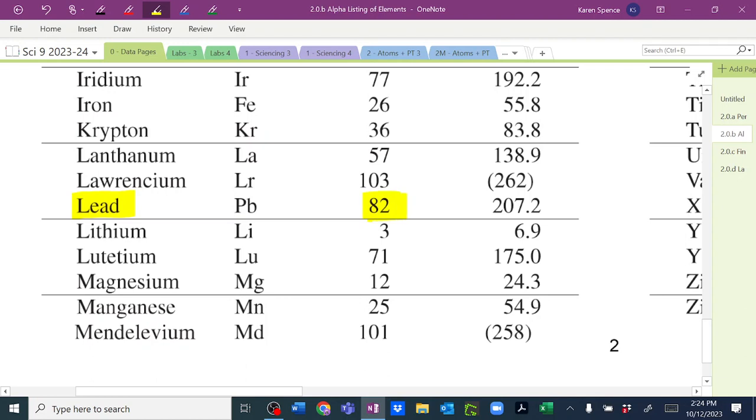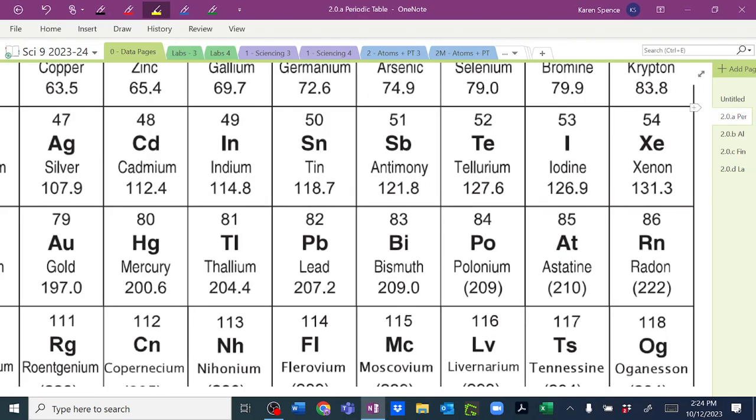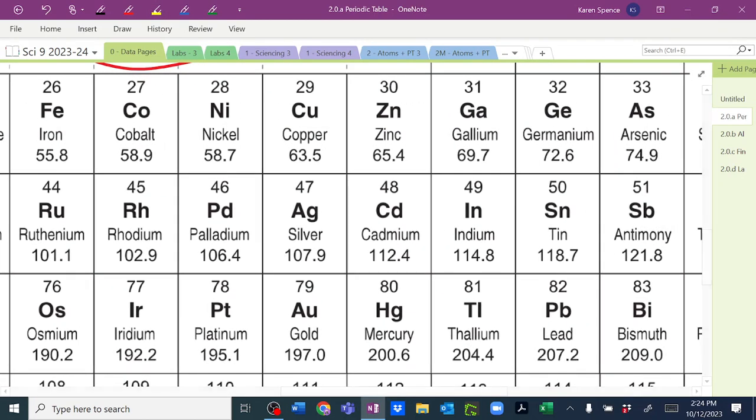It tells you it's number 82. Isn't that nice? So if you have trouble finding an element on the front, you can always go to the back and look it up alphabetically, okay? So please tell me how many electrons in a neutral atom of calcium? Calcium.